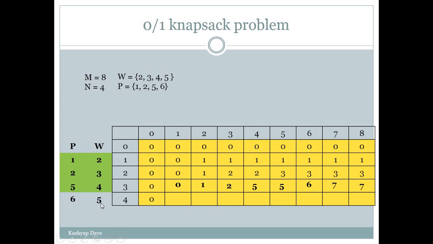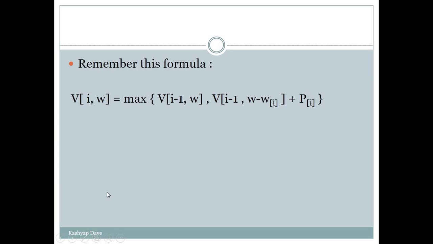Now let's calculate for our last item, which is weight 5, and its profit is 6. So for that calculation we have to remember this formula. This formula says that V[i][w], means if we want to find value of any cell, then that value will be maximum of V[i-1][w] or V[i-1][w-wi] plus P[i].